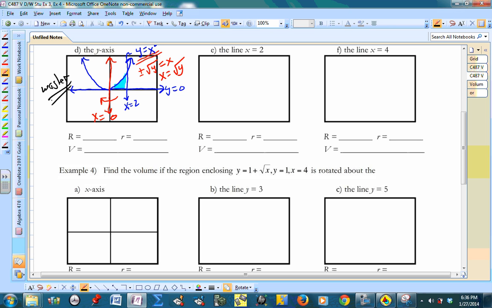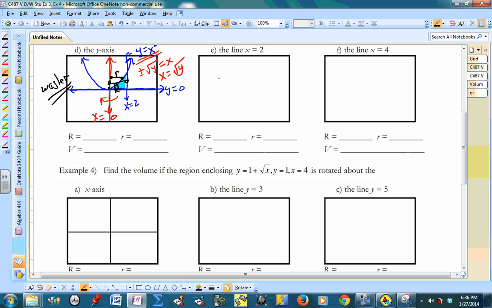So we're going to need two radii. A big radius going from the axis of revolution to the far end of the shaded region, and a little radius. Let me relabel this here. Put R down here, and the little radius that will go from the axis of revolution to the near end of the shaded region. So let's get started.